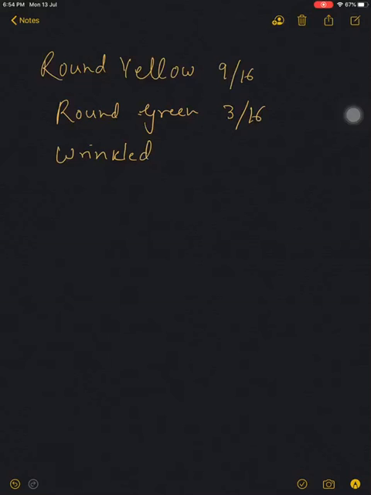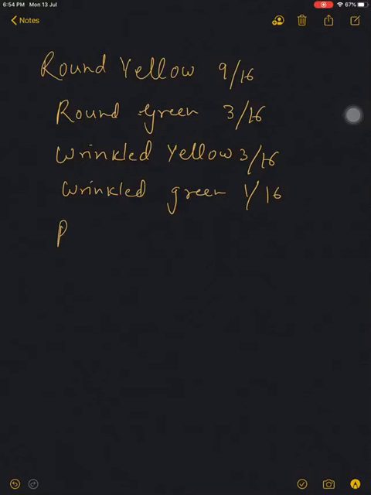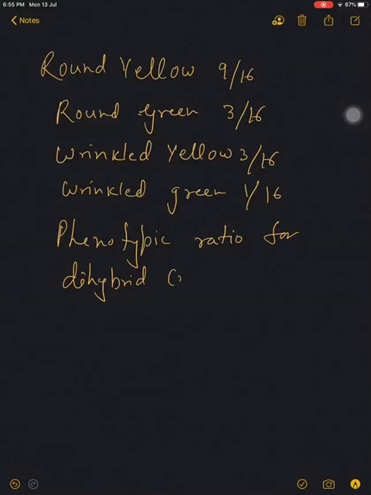Wrinkled yellow is 3 by 16 and wrinkled green is 1 by 16. What does it mean? Phenotypic ratio for dihybrid cross is 9 is to 3 is to 3 is to 1.